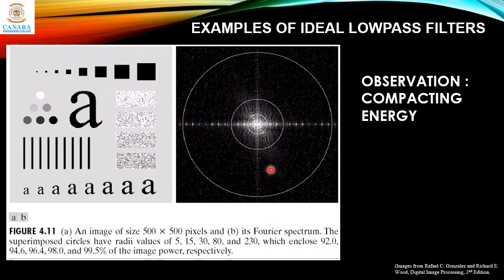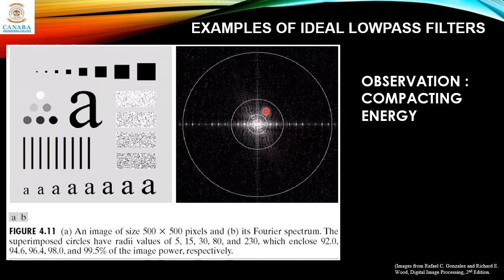If you move to the second circle, that holds 94.6% of the energy, the third circle holds 96.4%, the next circle holds 98%, and the bigger circle here holds 99.5% of the image power.